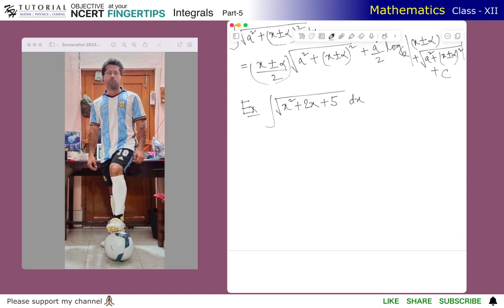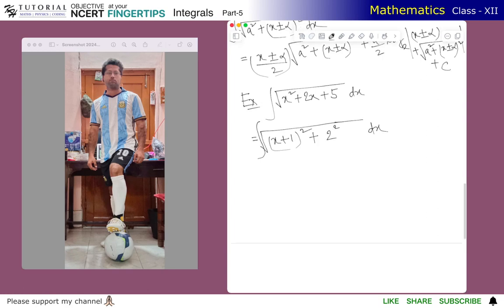If we express the quadratic expression inside the root in the form a square plus x square, we get (x plus 1) whole square plus 2 square. So, instead of x, we have x plus 1.